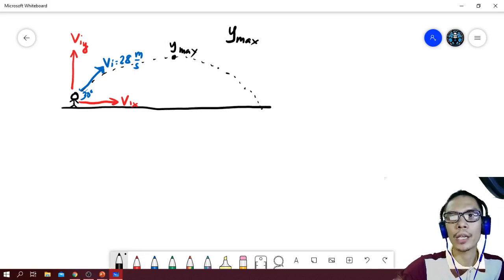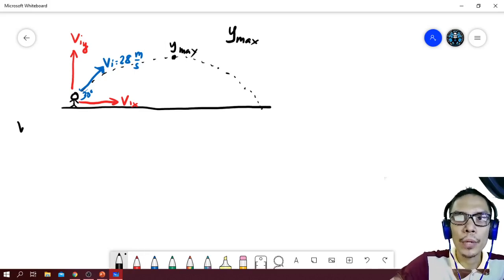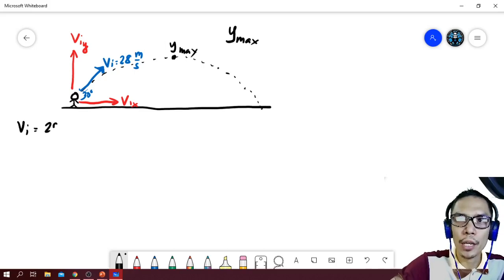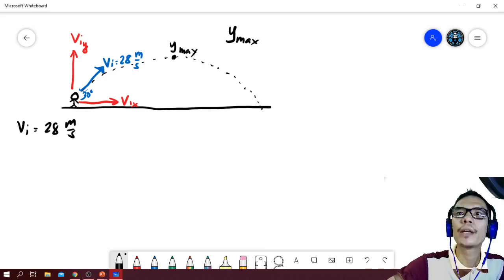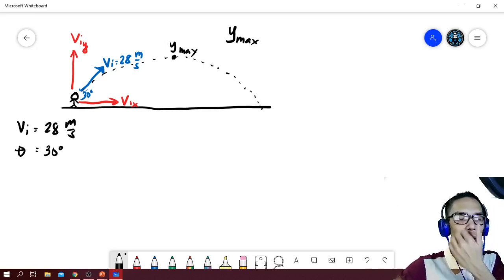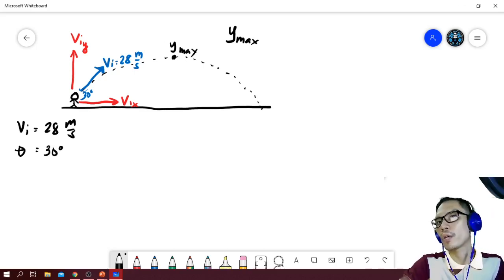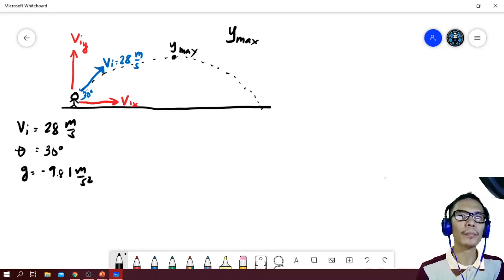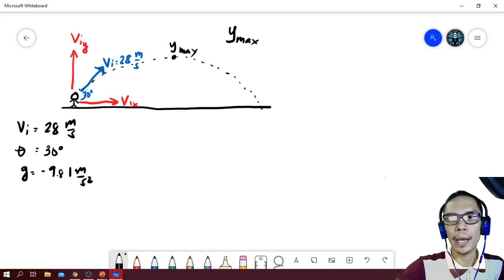Now, what are the things in the problem? Let's write down all the given figures. We have the V sub i, which is 28 meters per second. We have the angle, which is 30 degrees above the horizontal. Next, we have the gravity, negative 9.81 meters per second squared.